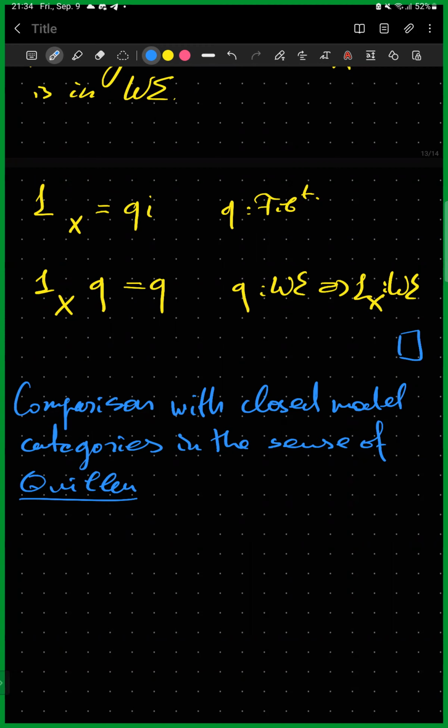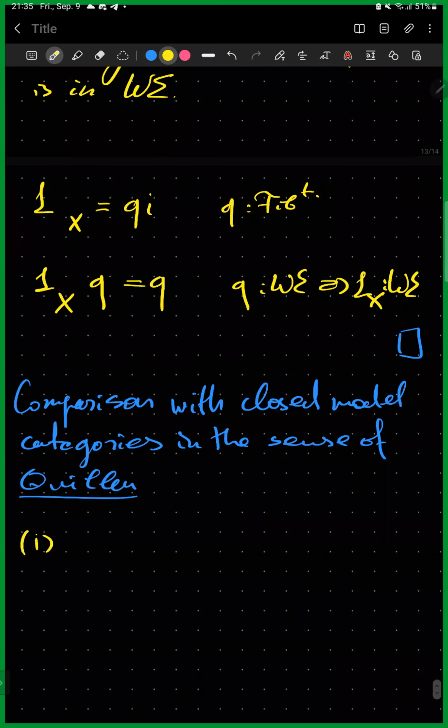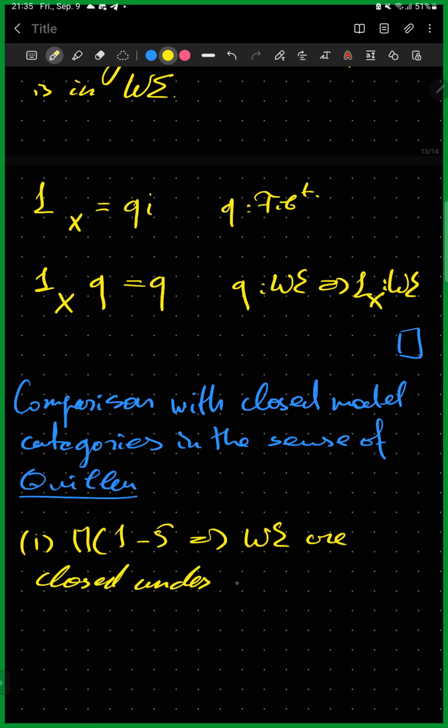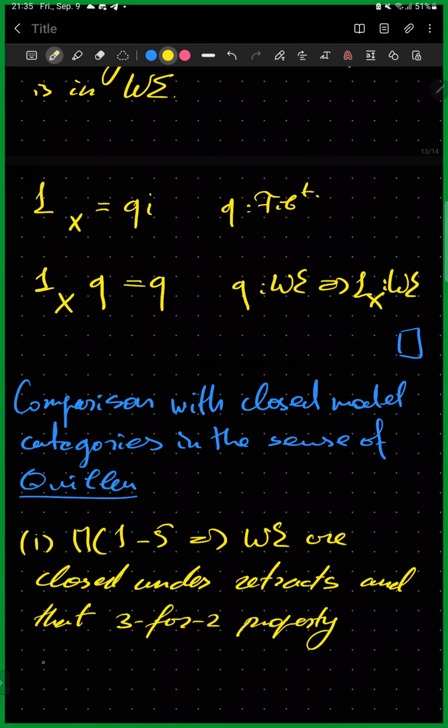So let me state the differences. We have to check that, first of all, axioms 1 to 5 imply that weak equivalences are closed under retracts. And that the 3 for 2 property implies the 6 for 2 property.